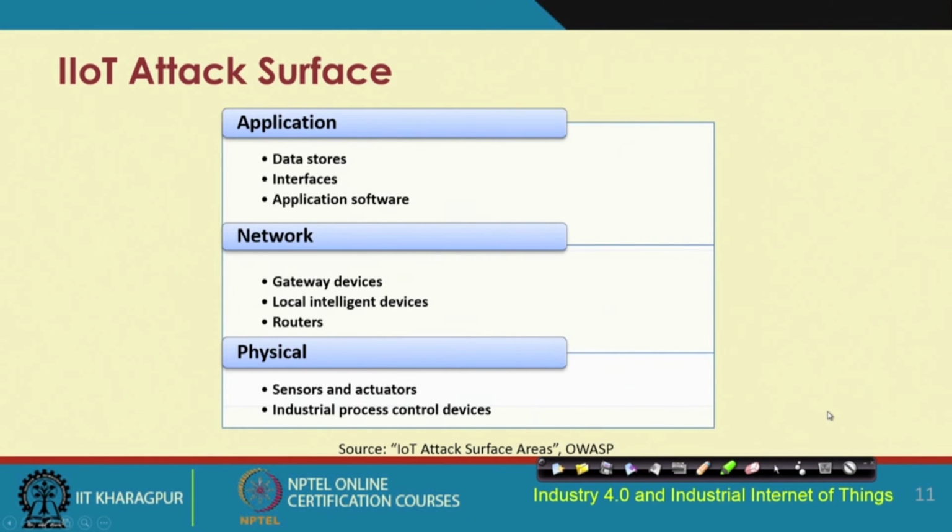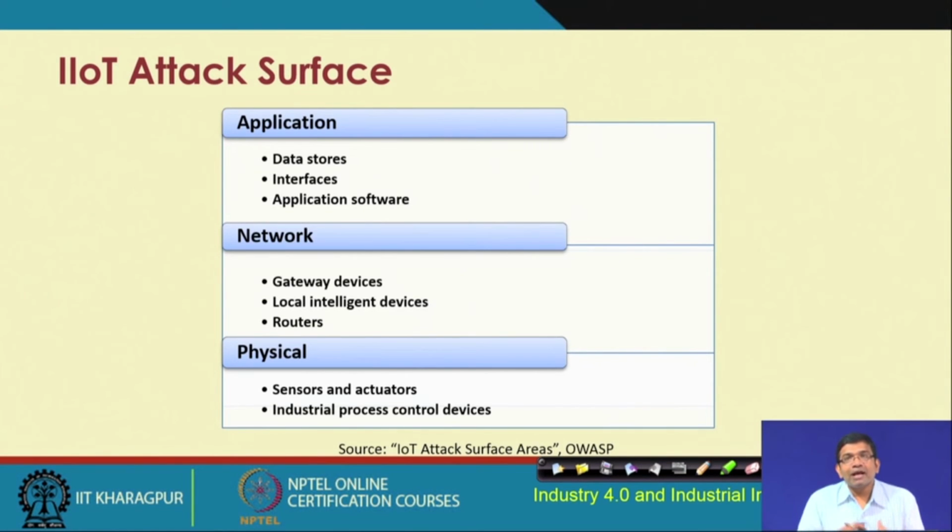So, I was talking at the outset about the IIoT attack surface. The IIoT attack surface is quite big. There are different points of vulnerability, points of attack, and so on. At the application level, data stores, interfaces, and application software are different points of attack. At the network level, the different gateway devices, routers, and intelligent devices which are local to the network are different points of attack through the network.